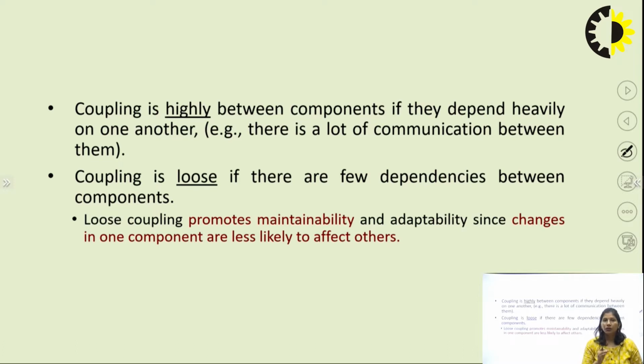So we should promote less coupling. If we have less coupling, it will promote maintainability and adaptability, since a change in one component is less likely to affect the other. If the coupling is less, that means a change in one component does not affect another component.